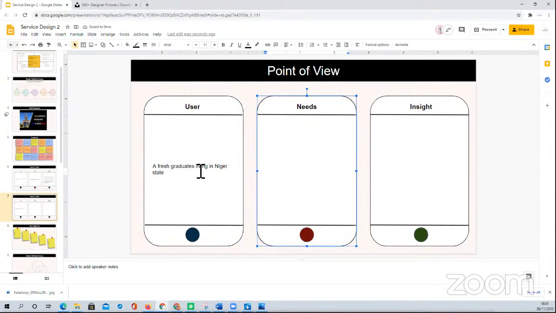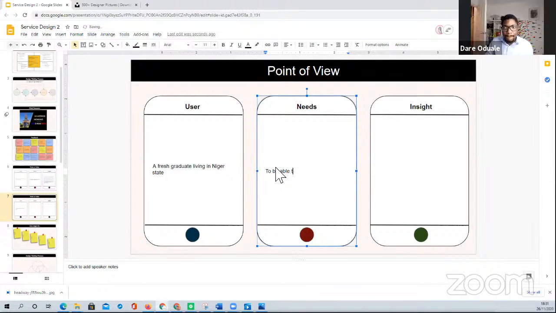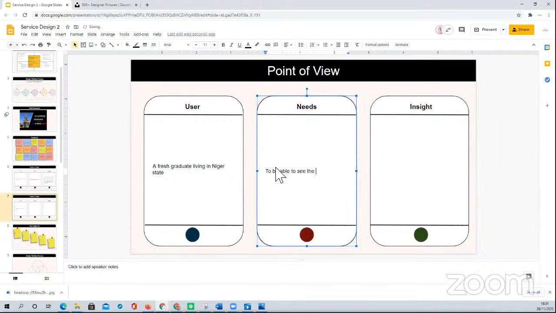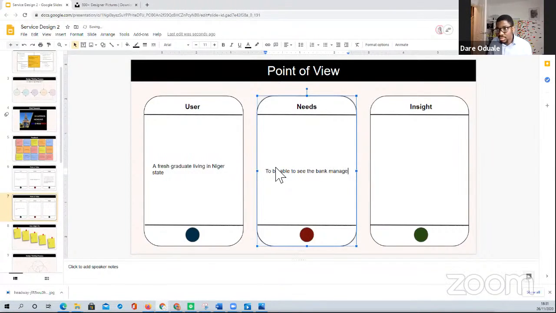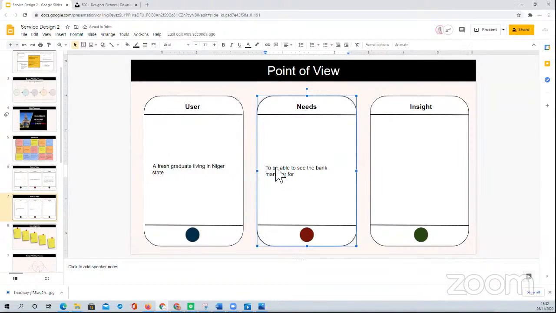The need is being able to see the manager, let's put it like that. To be able to see the bank manager. Okay, for what? Why do you want to see the bank manager? Yes, to get details regarding a mistransaction that happened.